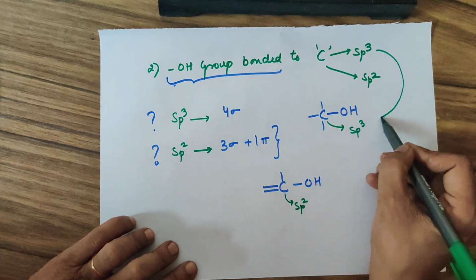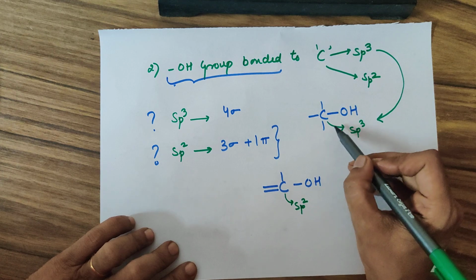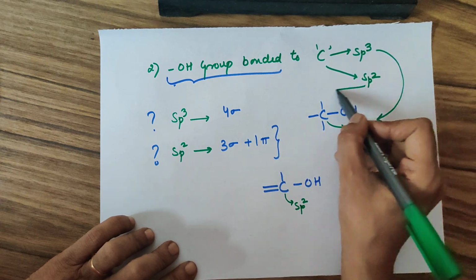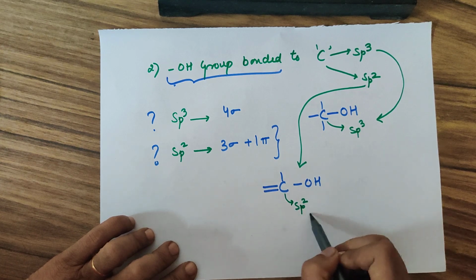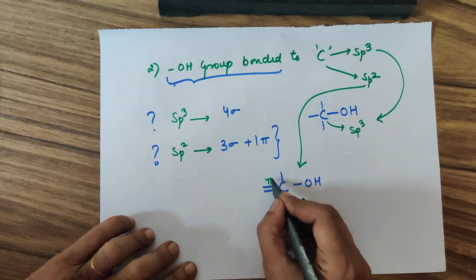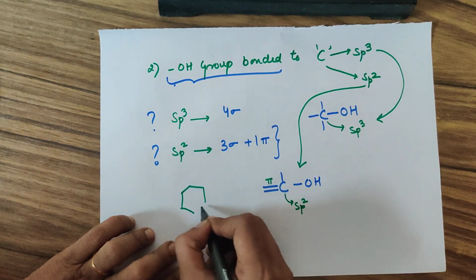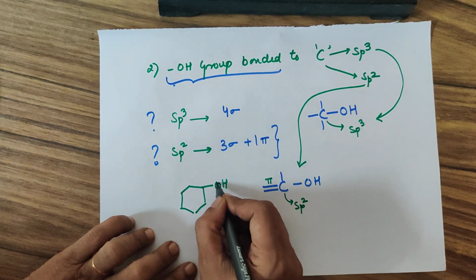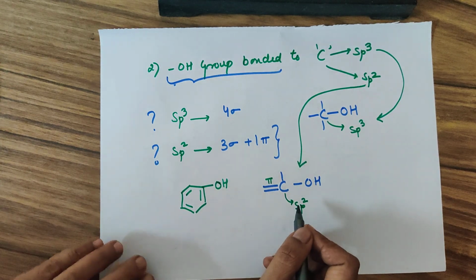So this is the category when I'm talking about an OH attached to a carbon which has got sp3 hybridization, and this is the category when I talk about OH attached to a carbon which is sp2, means it has to have a pi bond. Also, if you check on this, what is this? This is cyclohexanol, and if I write it like this, this becomes phenol.